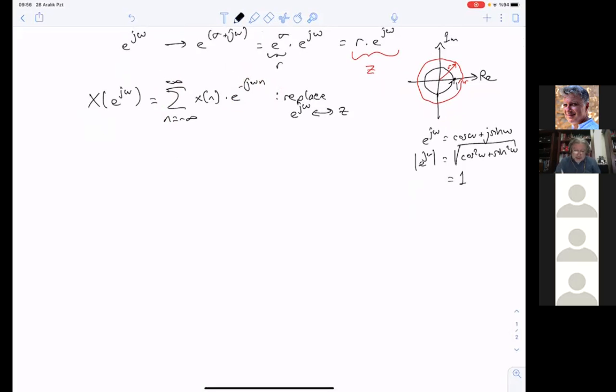So what is then the z transform? How can we substitute e to the j omega with z, and what does it make? It makes x of z, of course, summation n from minus infinity to infinity, x of n, z to the minus n. Right?